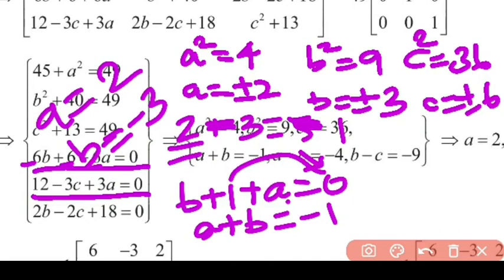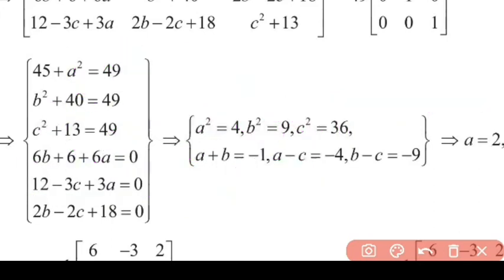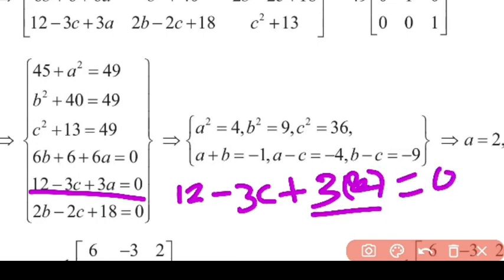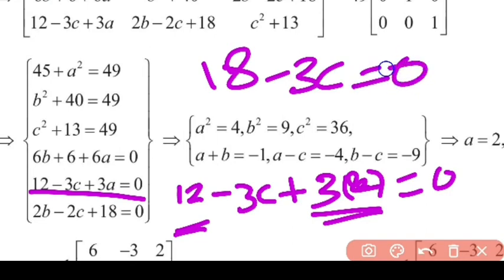Now we substitute that value again. We know the a value, so substitute it in the second equation, and it becomes 12 minus 3c plus 3 into a value, which we found is 2, equals 0. 3 twos are 6, 6 plus 12 is 18. 18 minus 3c equals 0, so minus 3c equals minus 18.